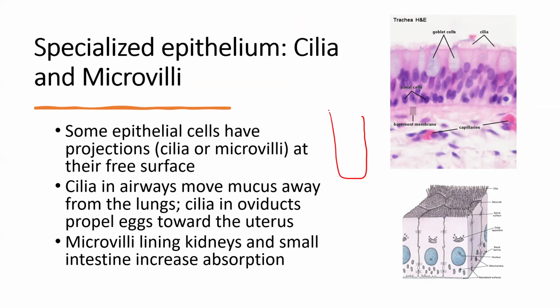Sometimes the cell membrane literally folds into these wavy structures, and these things are called microvilli. And the function of the microvilli is basically to increase the surface area so that allows absorption to take place more efficiently. Okay. All right.